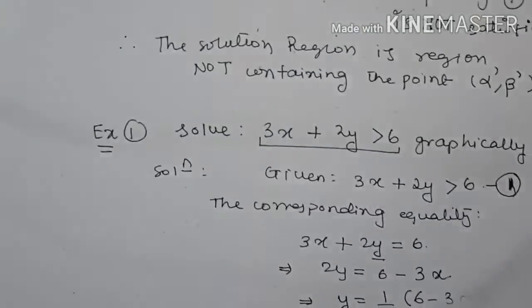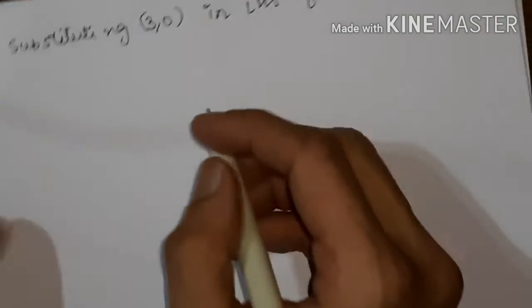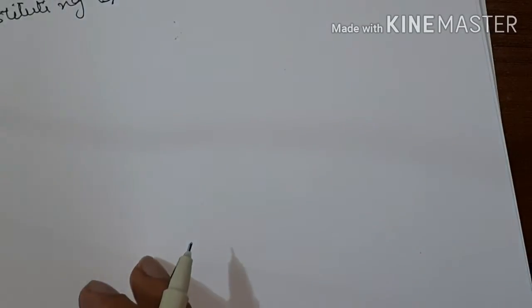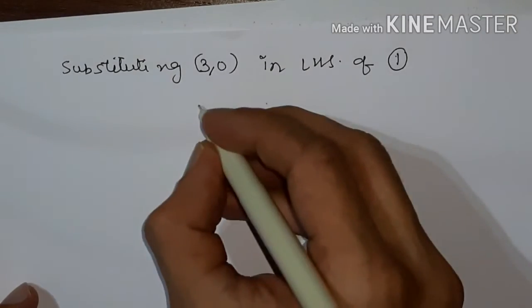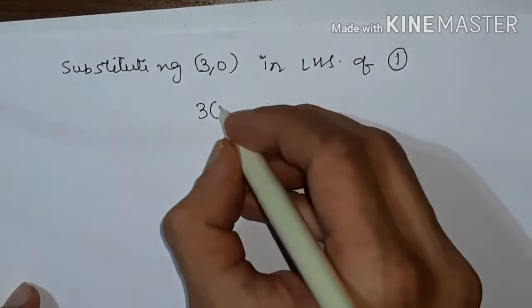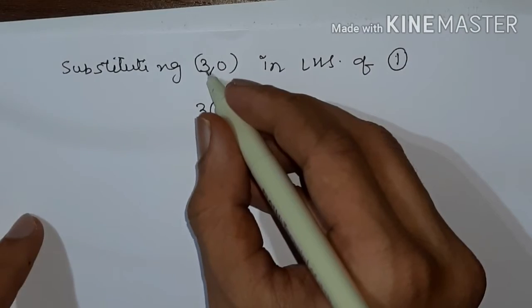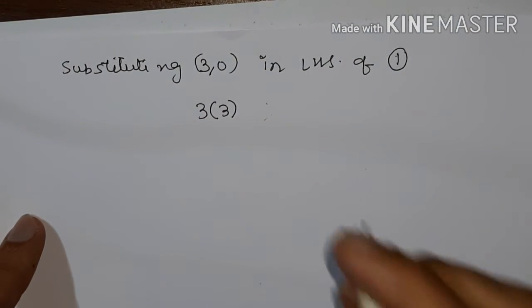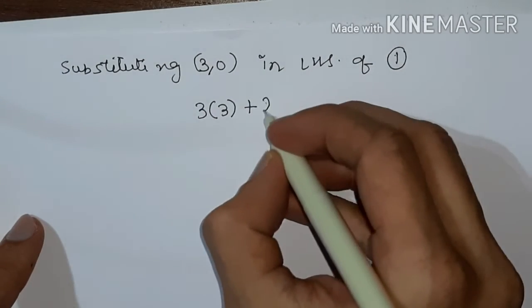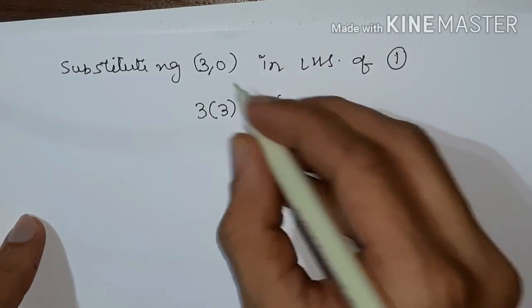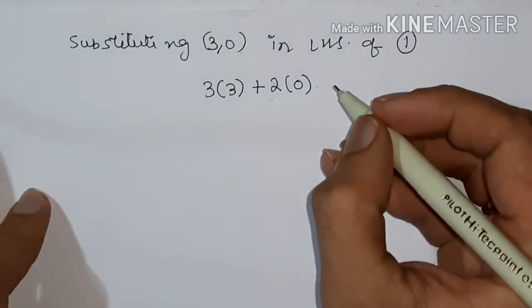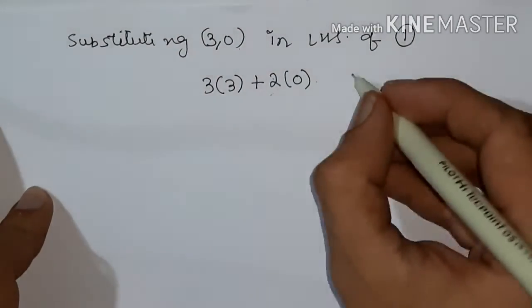So what we will get? Left hand side is 3x plus 2y. So we will get 3 times 3, because this is the x coordinate, plus 2 times 0. So what we will get here?